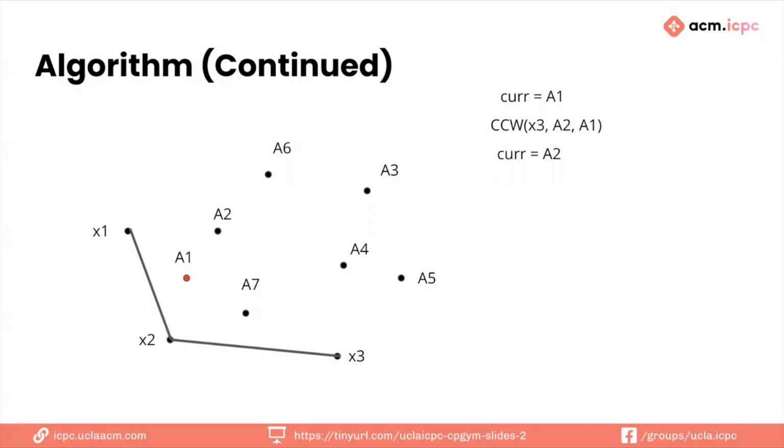Then the next one is the next point in the array we are considering, which turns out to be A3, just by the order. And then the resulting value, which we think is the rightmost so far, is A2. So we'll have X3, A3, A2, and that's again counterclockwise.